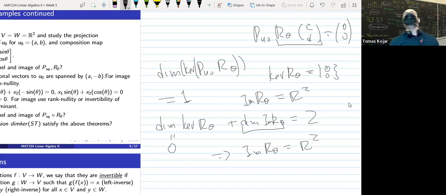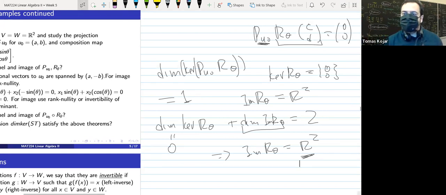So nothing changed. P of U0 acts on R2 as if it's just R2. You didn't go to a subspace of R2; you have the full space. You have the same domain, you just move things around.